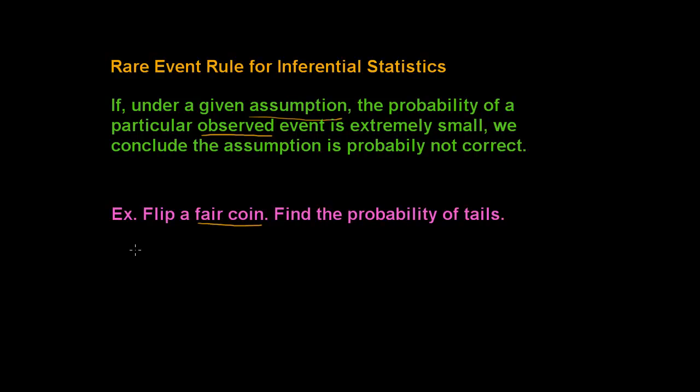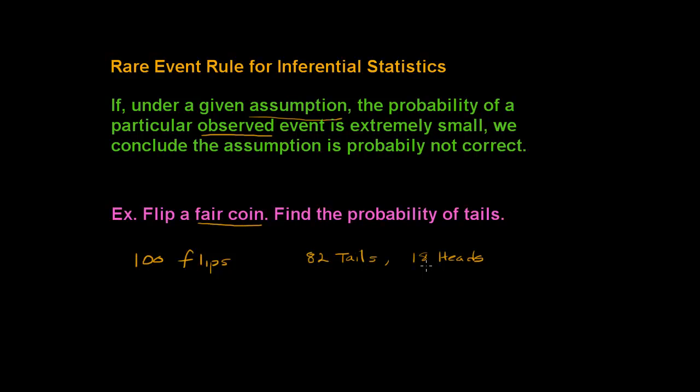If after, say, 100 flips, the outcome is that we had 82 tails and, of course, 18 heads. We observed this. Now, our assumption is we have a fair coin. We observed 82 tails out of 100. The probability of that observed event is extremely small with a fair coin.